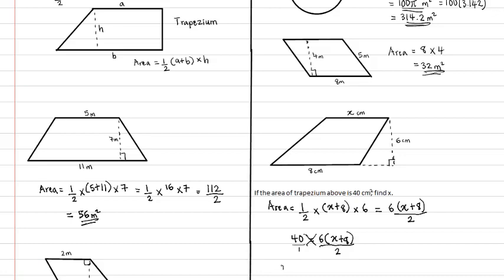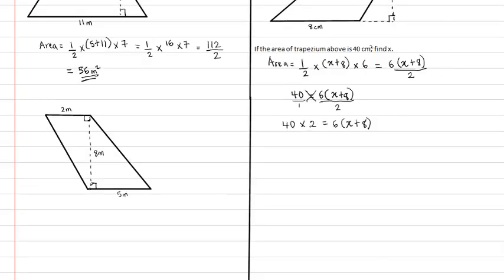So 40 times 2 equal to 1 times this 6 brackets x plus 8. So 40 times 2 is 80 equal to 6 times x, 6x plus 6 times 8, 48.